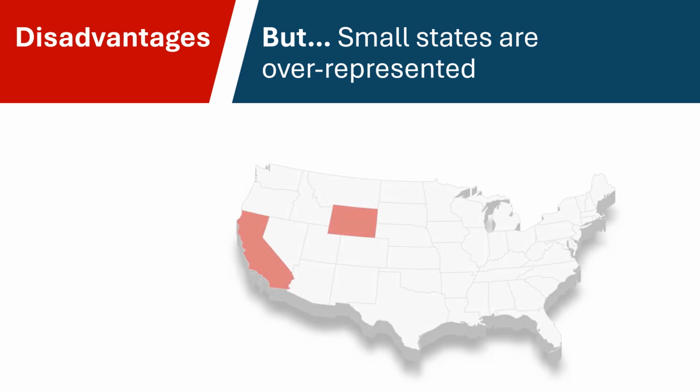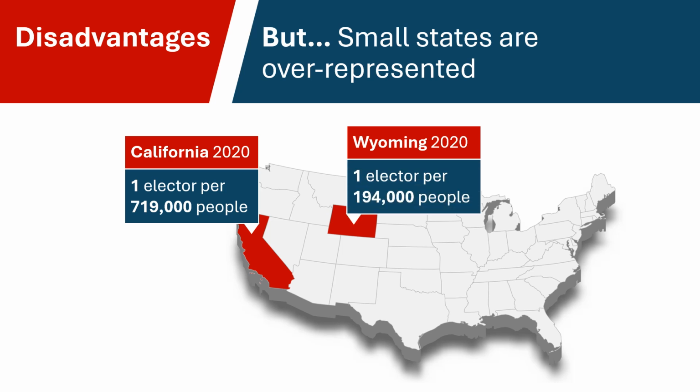For example, in 2020, Wyoming had 1 elector per 194,000 people, but California had 1 elector per 719,000 people. Clearly, this undermines the important democratic principle that individual citizens should have equal influence over the result of elections.